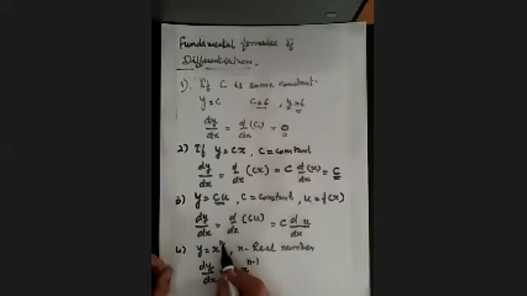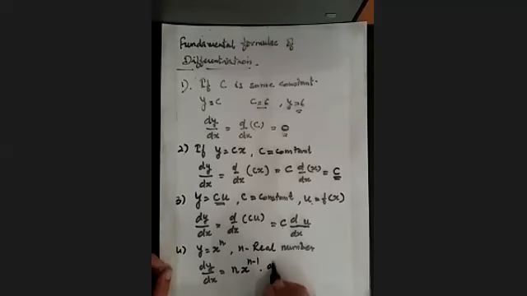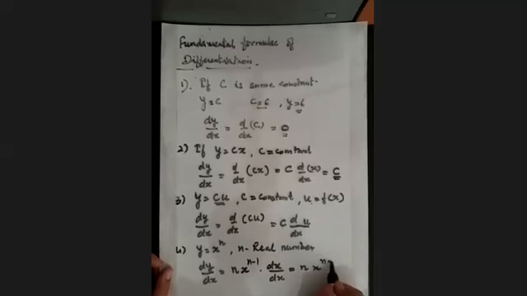So bring n here as a multiple of x and reduce the power of x by one. So n x to the power n minus 1, and that variable's differentiation is again there. So dx by dx, differentiation of x with respect to x, is 1, so the final result will be n x to the power n minus 1.